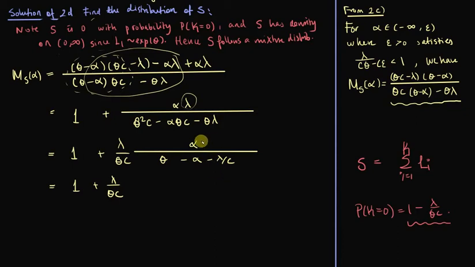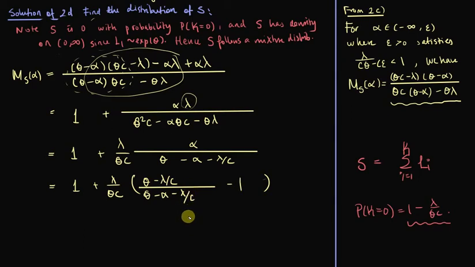Well, first of all, since alpha also appears in the denominator, what I actually have here is just theta minus lambda divided by c divided by theta minus alpha minus lambda c, minus 1.